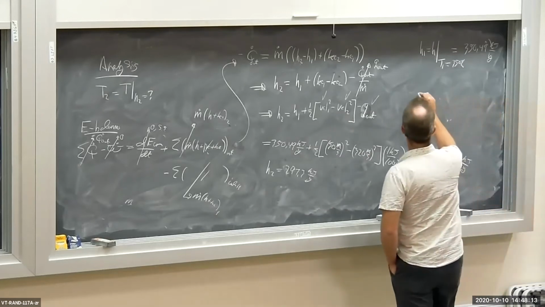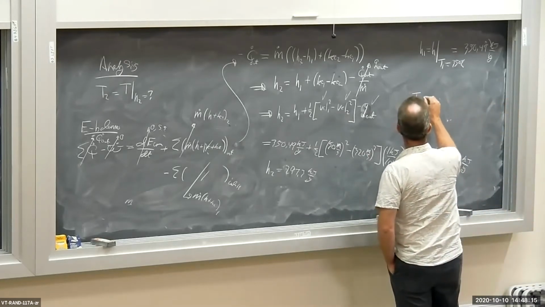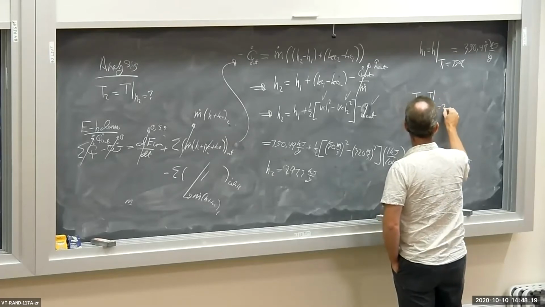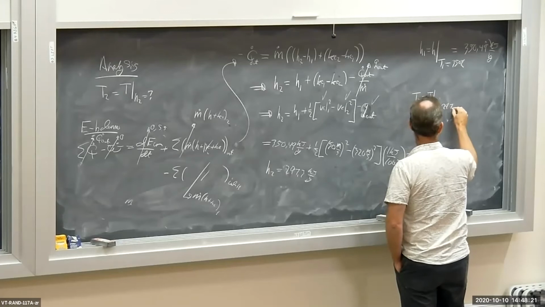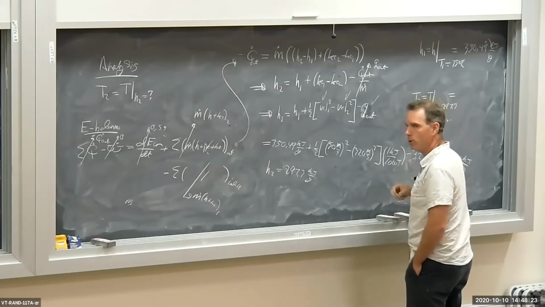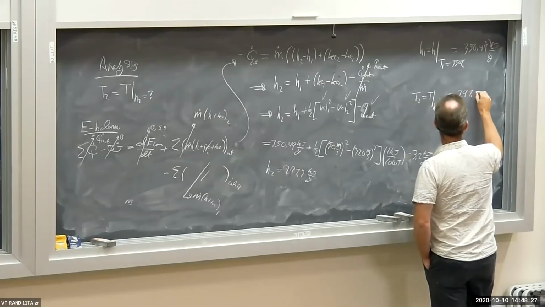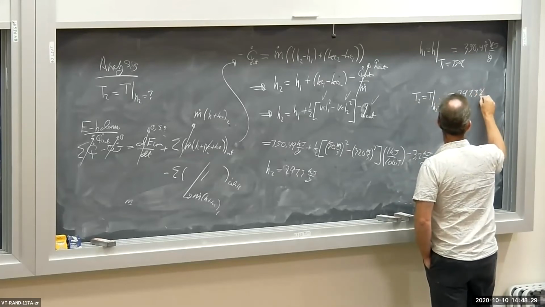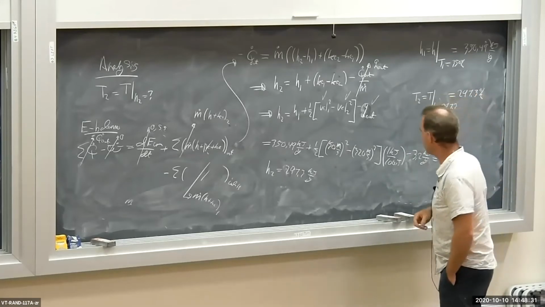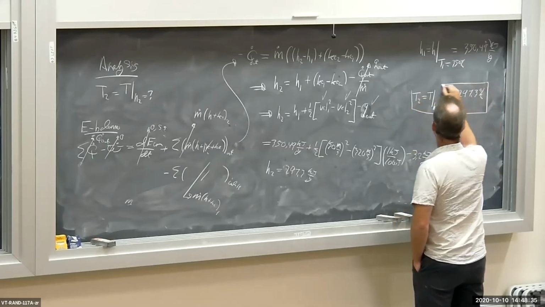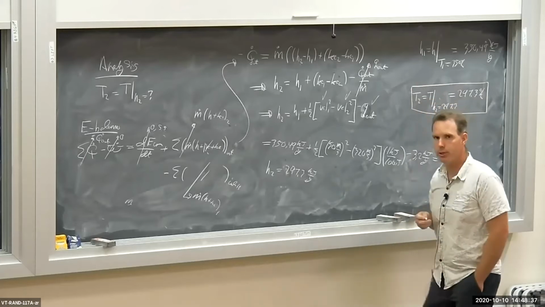So T2 is equal to T evaluated at H2, which is 297.3. And if you go to a table, that's about 297.3 degrees Kelvin, okay? So I'm going to put a little box around this. There's our outlet temperature, T2.